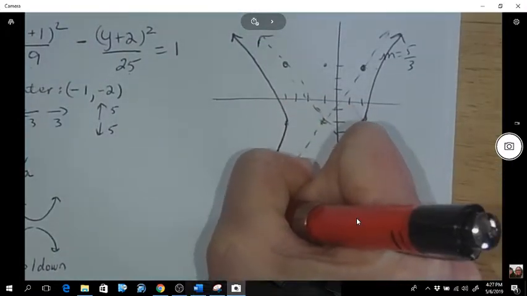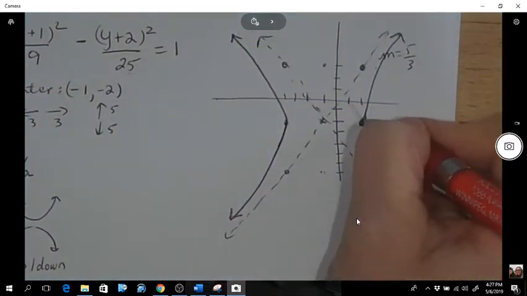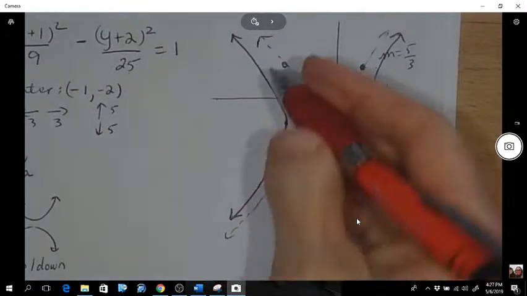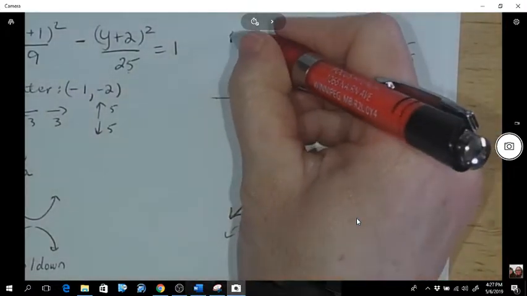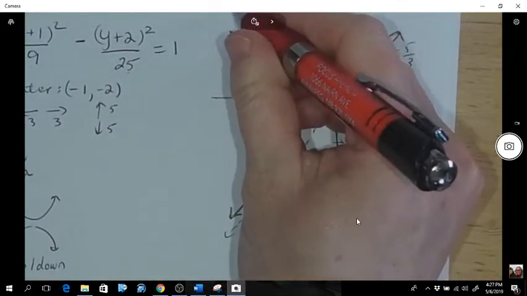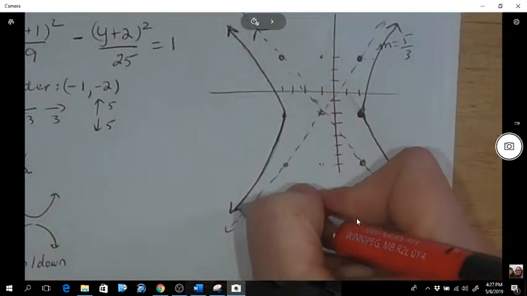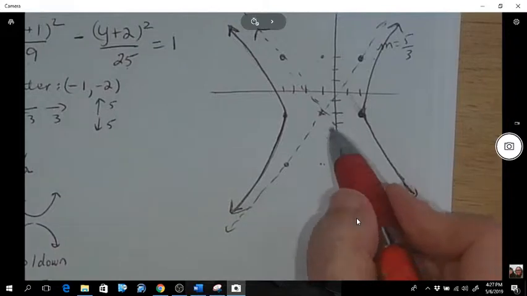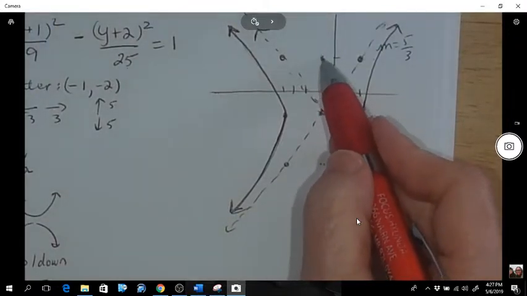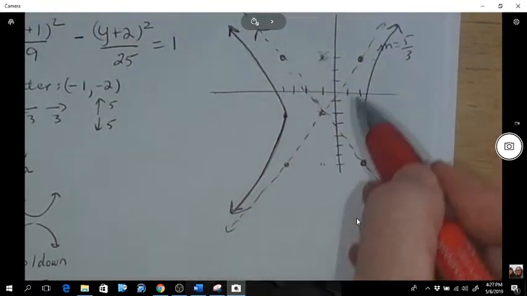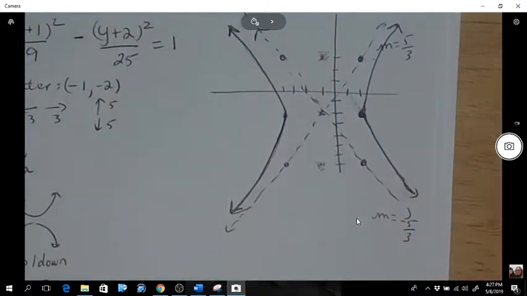This is not going to look like a parabola, right? We don't do a parabola, we approach the asymptote. Okay, when you are done this, if you have points here and here, you will need to remove them because they're not part of your graph. So you need to erase those.